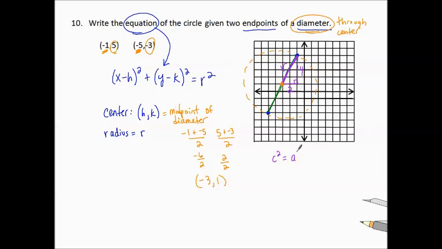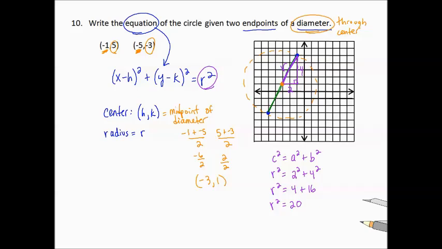Remember, c² = a² + b²? Well, the hypotenuse is c, and that's r², equals 2² + 4². So r² equals 4 plus 16, or r² equals 20. Again, we're not asked for the radius, we need r² in our equation.